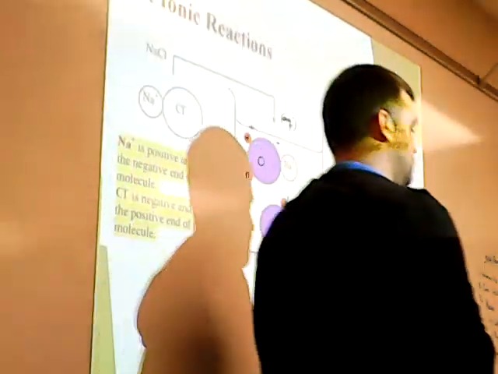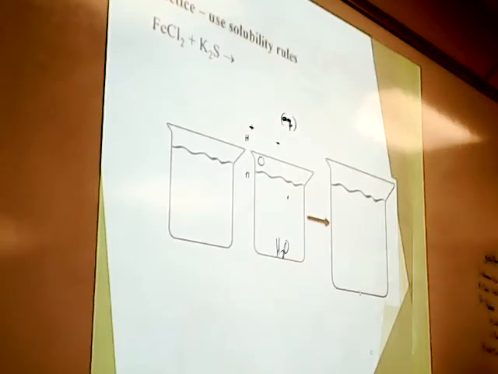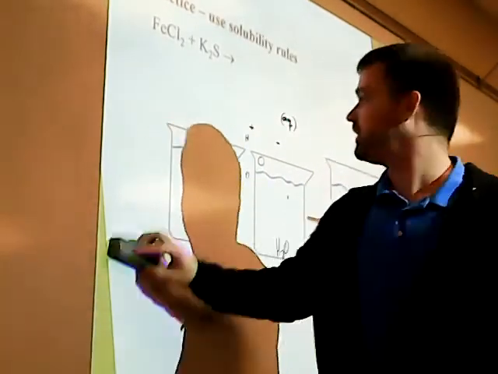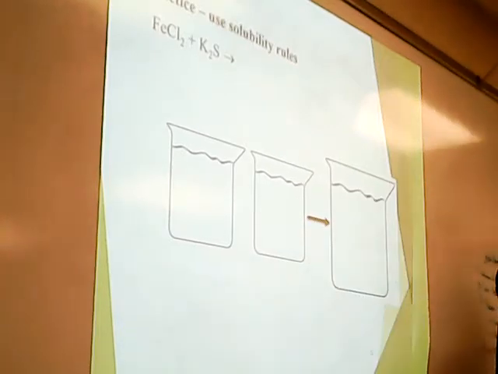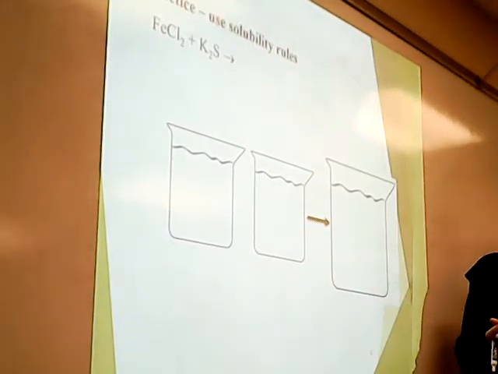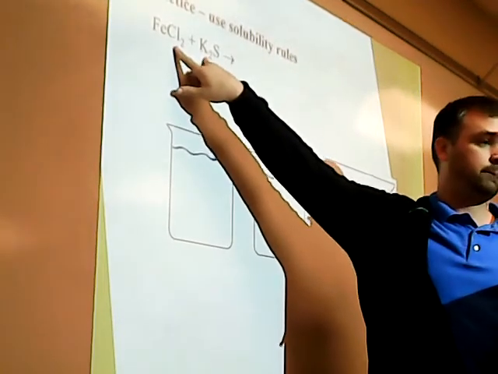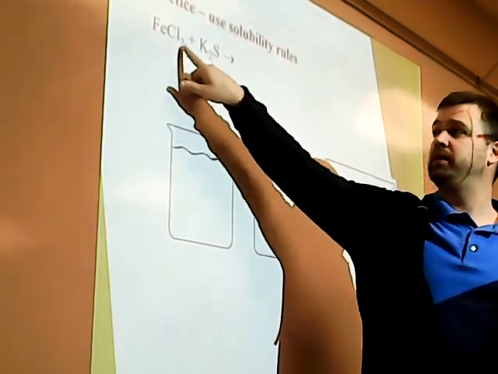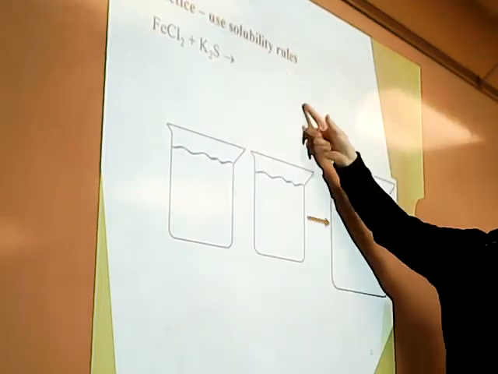Okay? So when we get to a bigger example, with net ionic equations we are specifically talking about double replacement reactions, because we check solubility, right? So what type of reaction will occur right here? Because of AB plus CD, you should be able to predict the products.